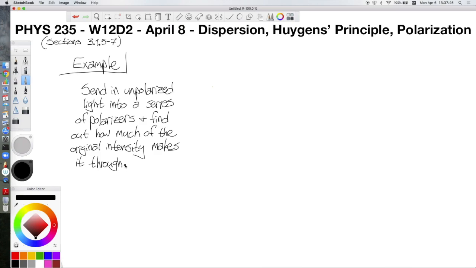We are going to send unpolarized light into a series of polarizers and find out how much of the original intensity makes it through. We're going to consider two different scenarios here. In the first scenario, we will begin with our unpolarized light, and we are going to send that into two polarizers.